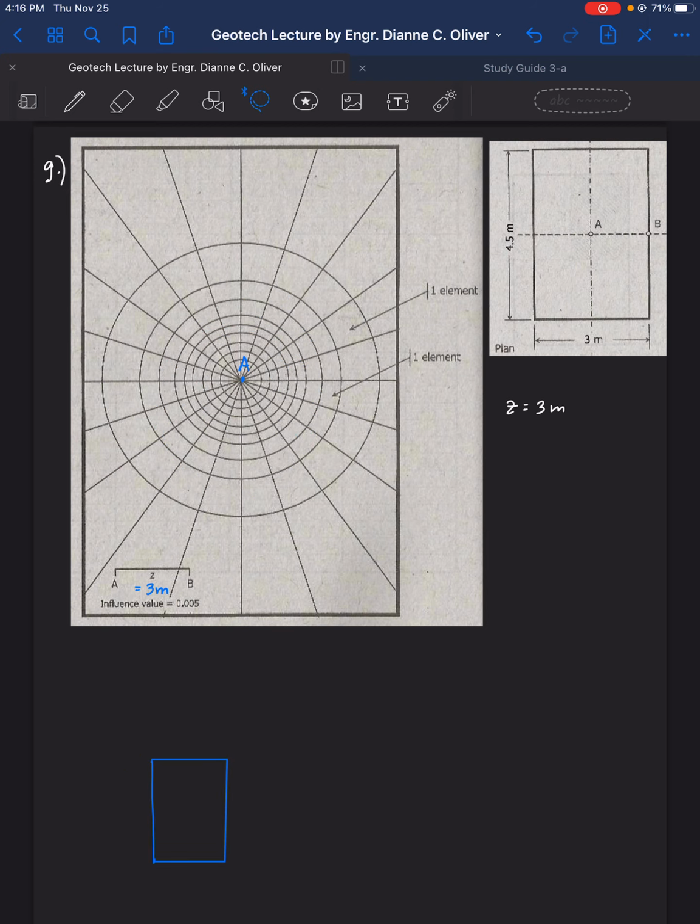Okay. So since I'm holding my ruler already, what I will do here is I will take a 1.5 meter scaled here. So I have here 1.5 meter.